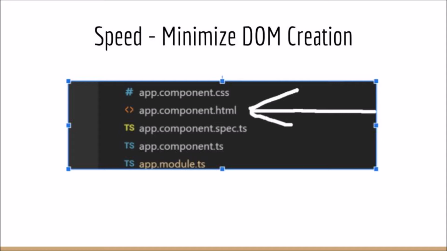For the web, in Angular, they separated the UI code in HTML files, and it is the best place to design your DOM tree instead of making the DOM tree from the JavaScript.